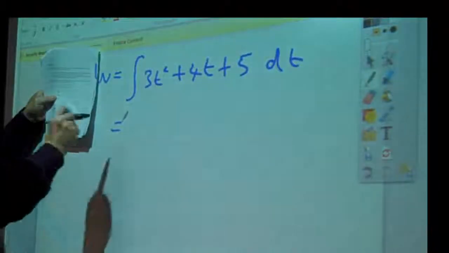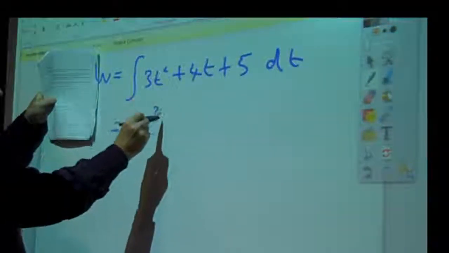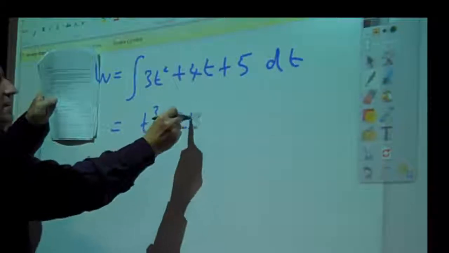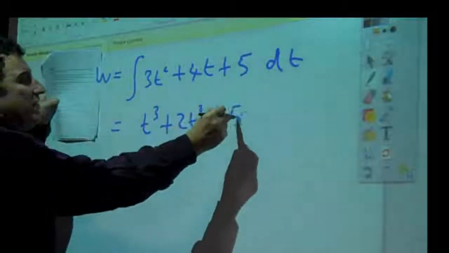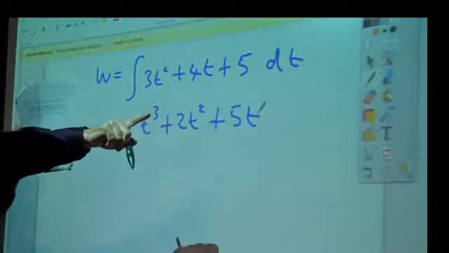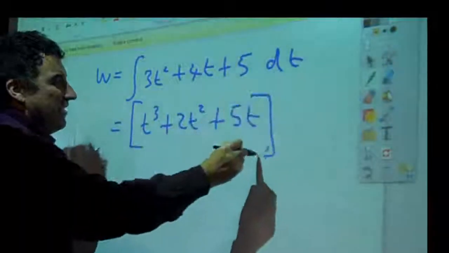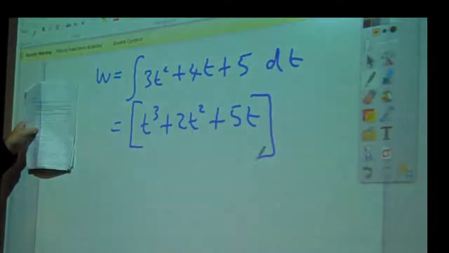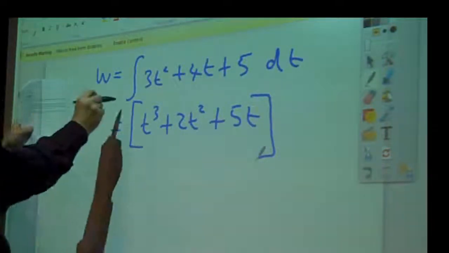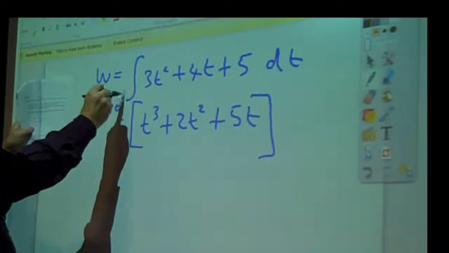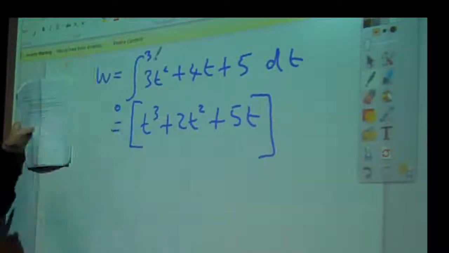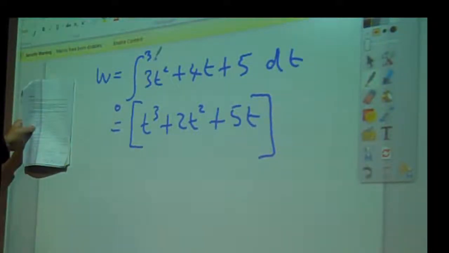So we end up with t cubed, we've done all the cancelling and everything, plus 5t. We don't need to put the constant of integration because we've now got a definite integral, between 0 and 3. Remember the 0 and the 3 there?